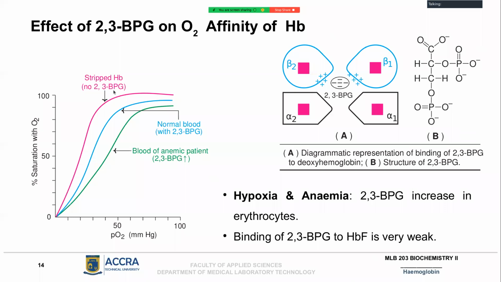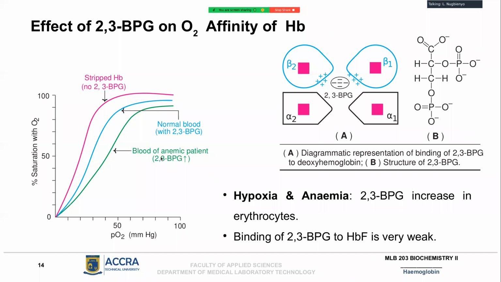The first, which is the red, is for the normal hemoglobin, which is not bound to any 2,3-biphosphoglycerate. Then we have some normal blood, which is bound to 2,3-biphosphoglycerate. Then the green is representing the blood of anemic patients with this 2,3-biphosphoglycerate.